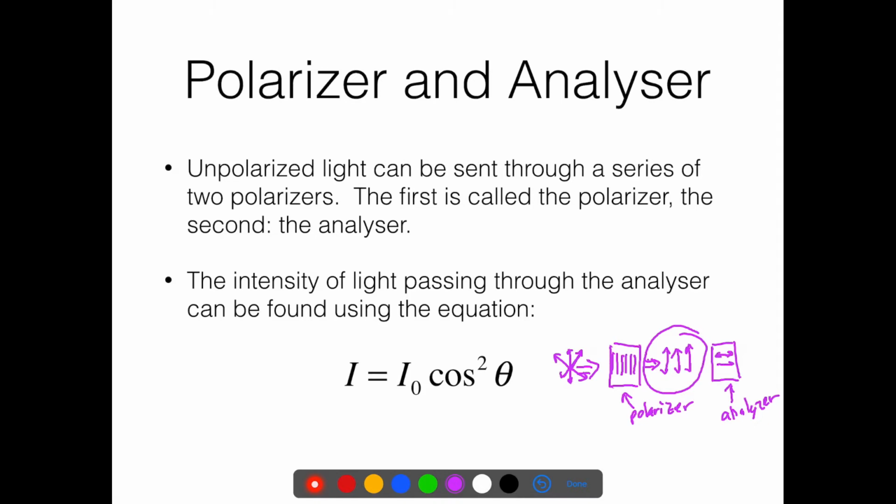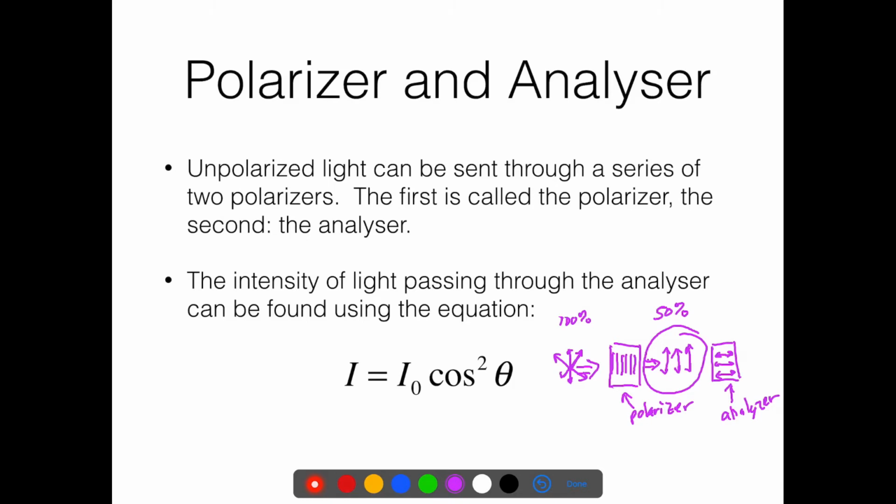What if we had an analyzer that was a horizontal transmission axis? This is interesting, because this light, which was at 100% intensity, goes through the polarizer. Remember, when we have non-polarized light being polarized, it becomes 50% intensity. Now this one is polarized. It's vertical.